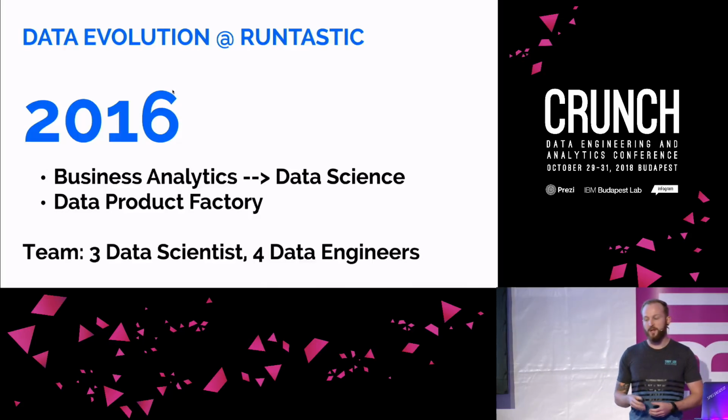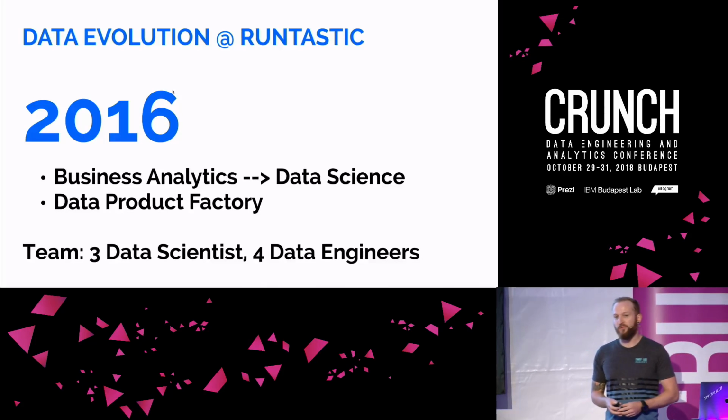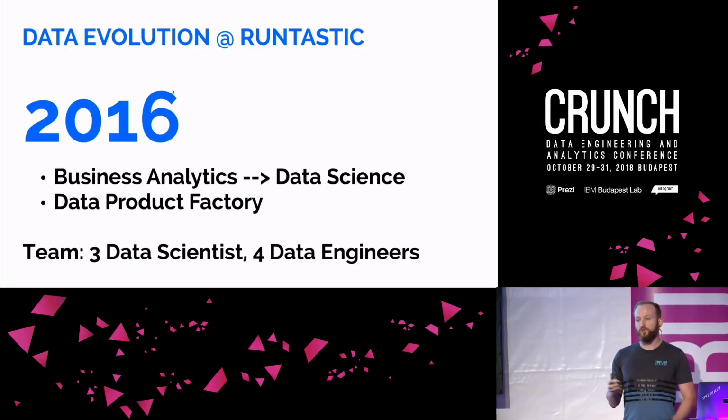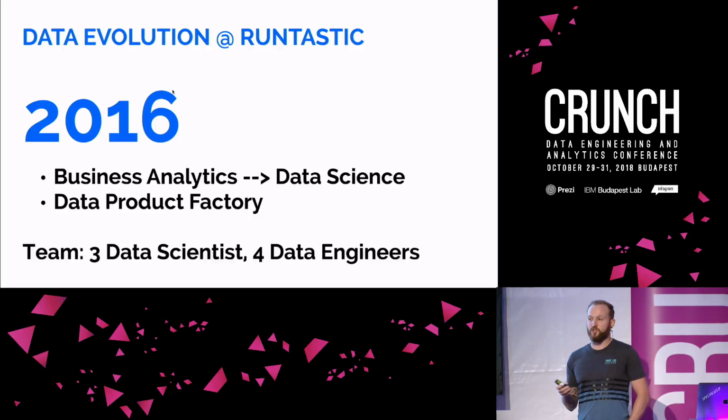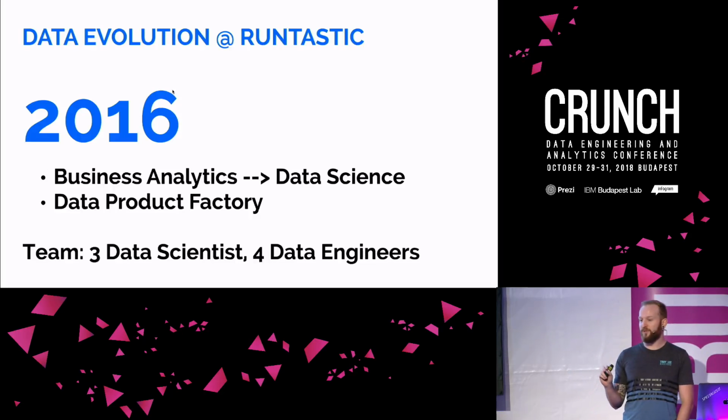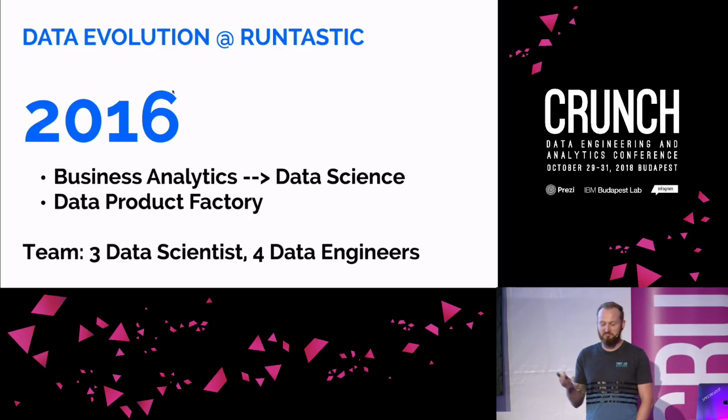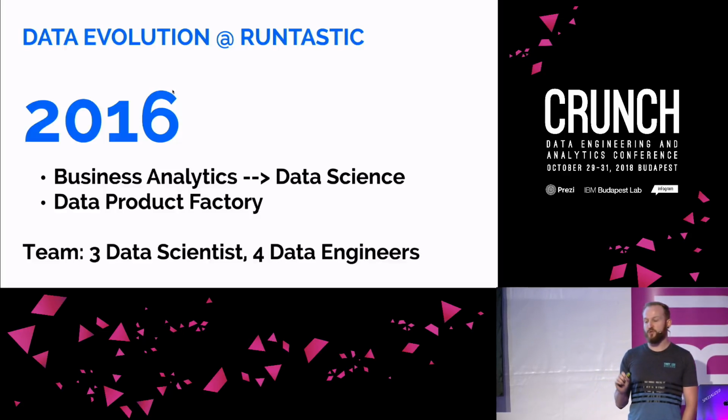One year after that, we took the opportunity, with one of the analysts leaving, and us wanting to dip our toes into data science, to switch completely from analysts to data scientists.